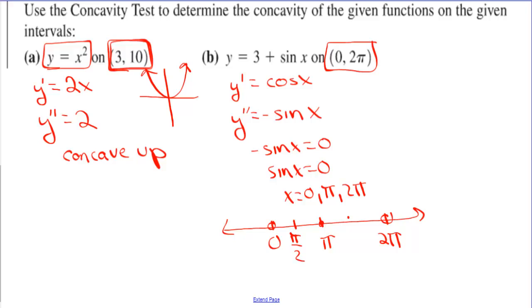And how about 3 pi over 2? Now we're testing in the second derivative, negative sine of x, because we're testing for concavity.